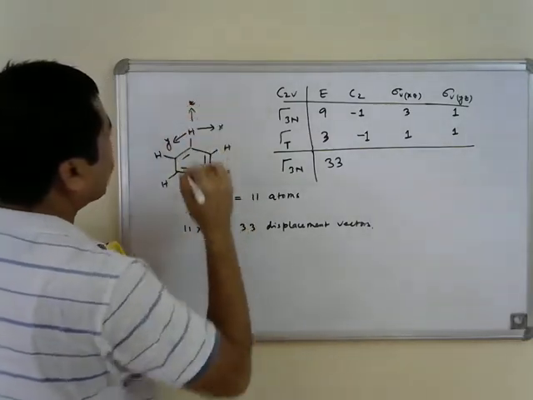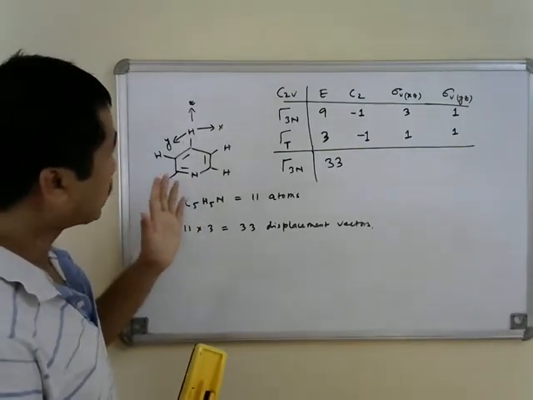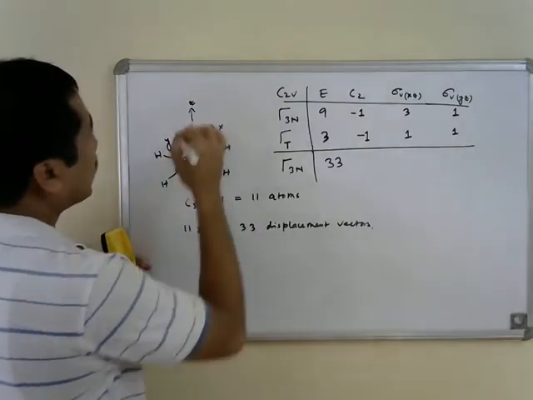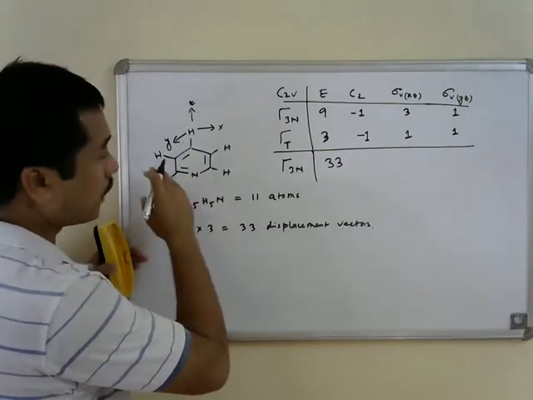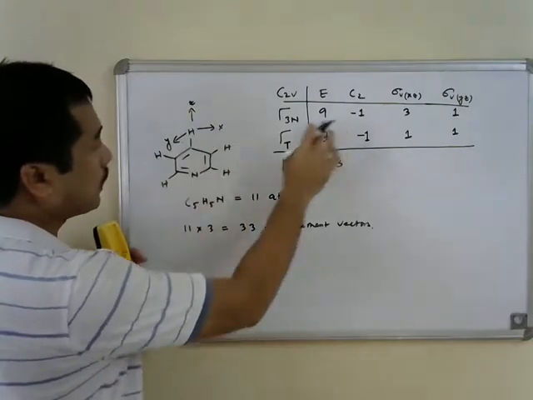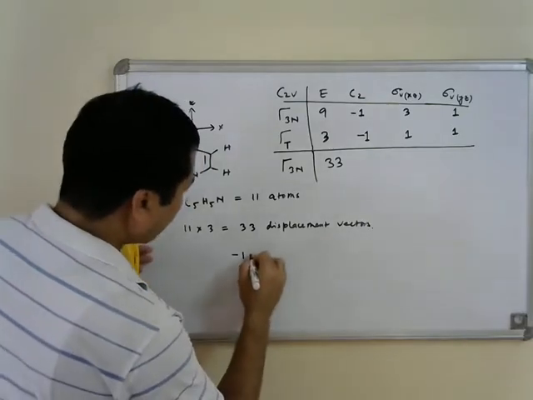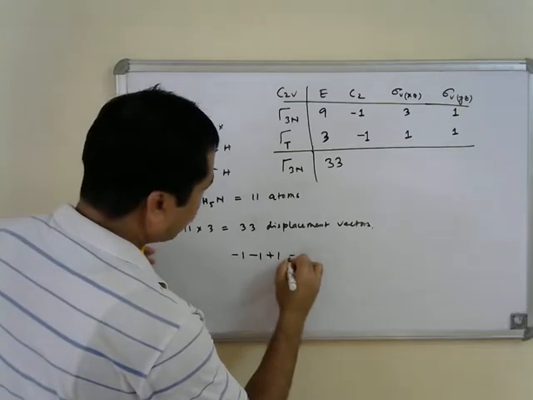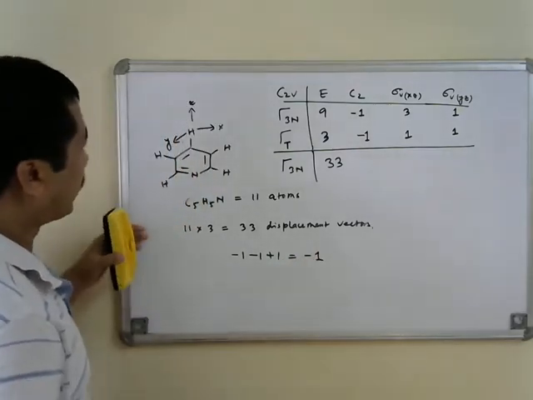For the x, y, z coordinates on this hydrogen atom, we will look at how their directions change when we do the C2 operation. When we do the C2 operation, we see that the z axis does not change direction, while x goes to minus x and y goes to minus y. So x is going to contribute -1, y is also going to contribute -1, and z is going to contribute +1. So in total we have -1.